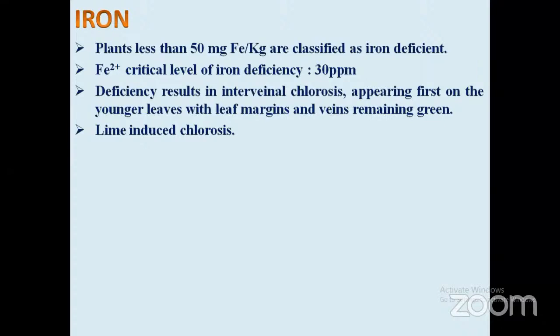So soil iron concentration is high, but it can become unavailable for absorption if soil pH is higher than 6.5. If the pH of soil is higher than 6.5, even if the concentration of iron in soil is high, it will not be available to the plant. So remember, at pH more than 6.5, this lime-induced chlorosis will be there.